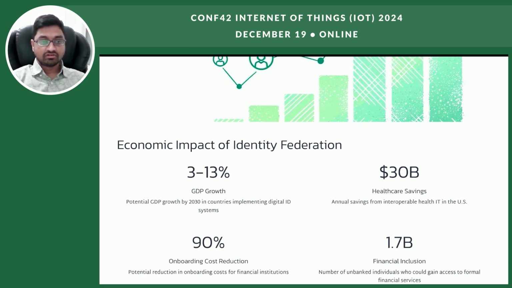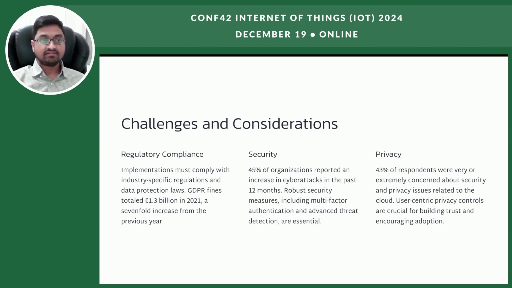It also reduces onboarding costs for financial institutions by approximately 90% of the costs involved in onboarding a new customer. Then comes financial inclusion, because the number of unbanked individuals who could gain access to formal financial services could add up to $1.7 billion. So what are the challenges and considerations?